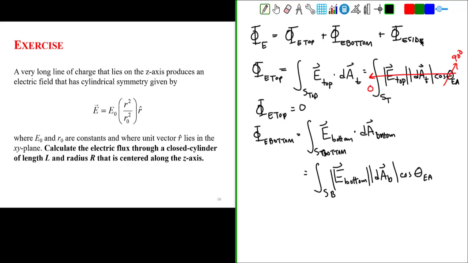Once again, we know that the angle between the electric field and the area vector through the bottom surface is 90 degrees, which means this integral evaluates to 0.